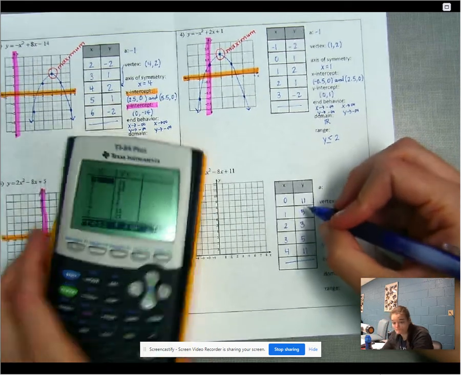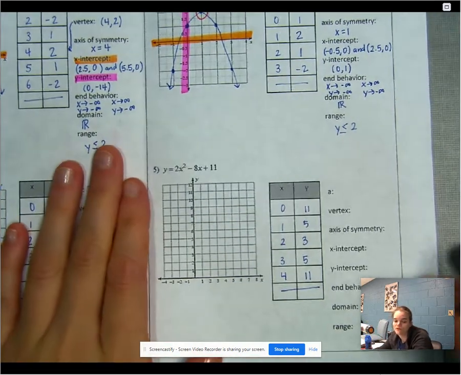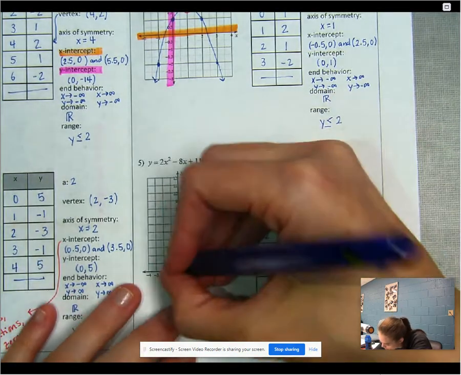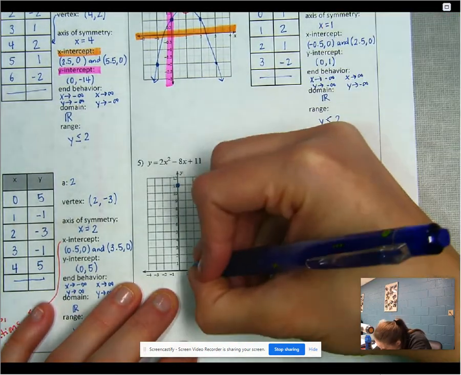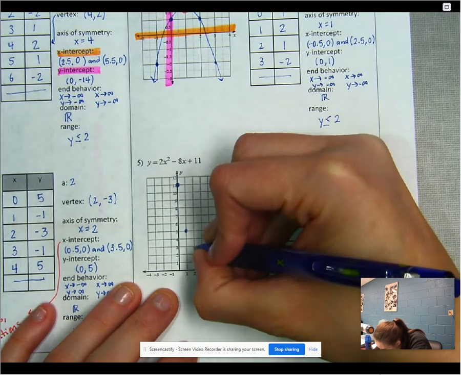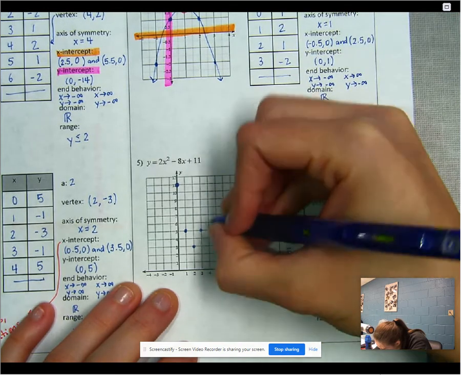Again, if it doesn't repeat, I didn't do it right. Mine repeats. I did it right. Remember, sometimes you'll have to move up and down on the calculator's table to find it. That's okay. 0, 11, 1, 5, 2, 3, 3, 5, and 4, 11.